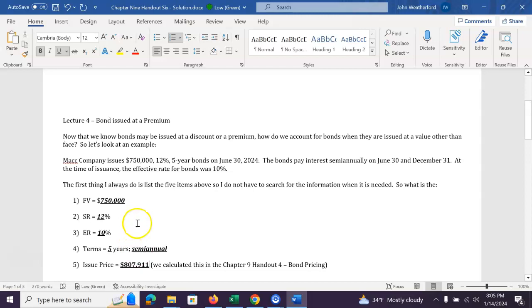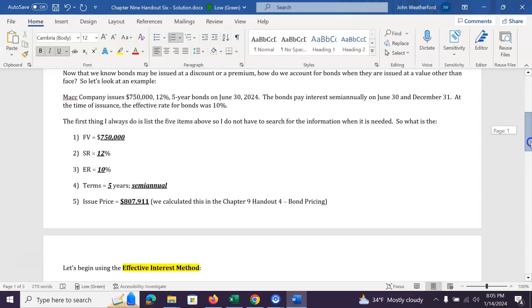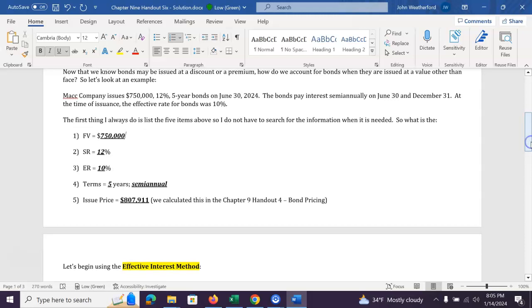The issue price was $807,911, while the face value was only $750,000. So when the bonds are issued above face value, we have a premium. And we're going to use the effective interest method, just like we did on the discount video.